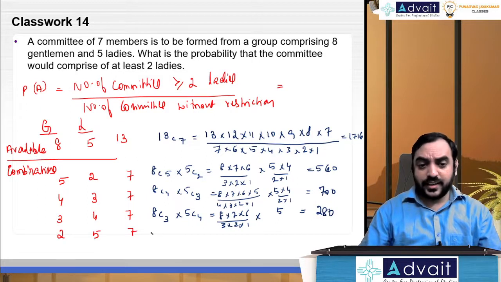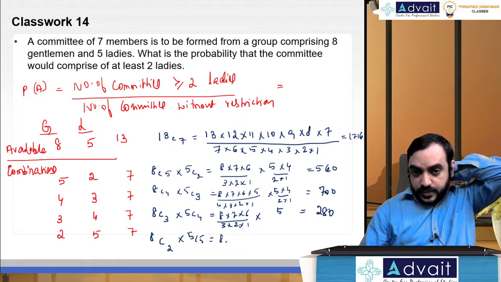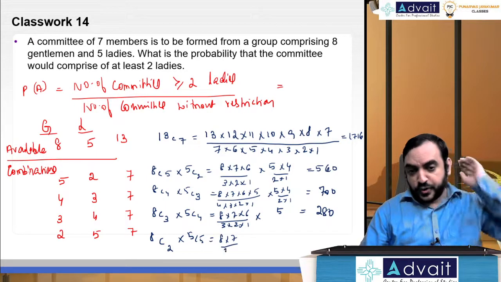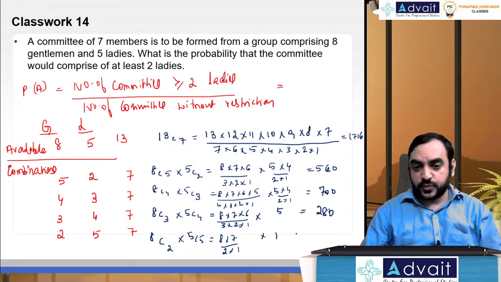Then last one, 2 out of 8, 8C2, and 5 out of 5, 5C5. 8C2 is 8, 7, only two factors, 2 into 1, and 5C5 is 1. This is 28.